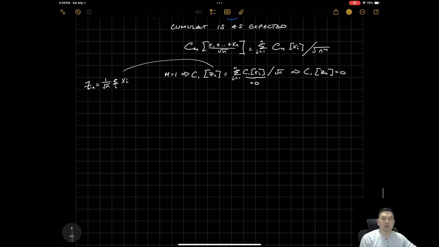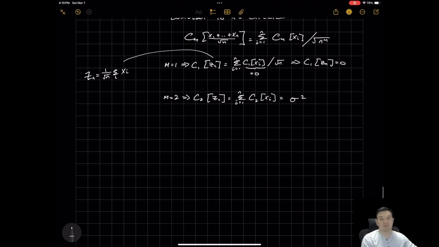So that when m equals 1, the first cumulant of the normalized sum is 0, due to our zero mean random variables assumption. Then when m equals 2, the second order cumulant is just the variance.